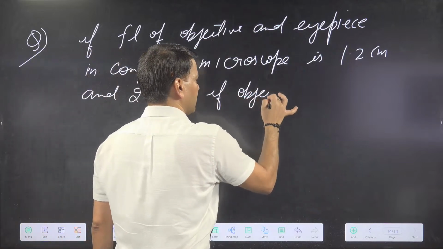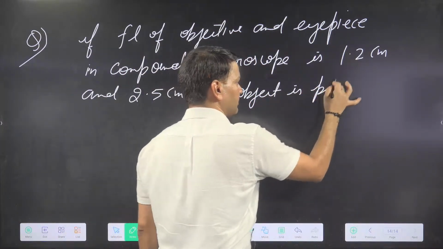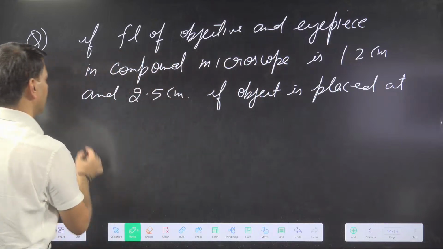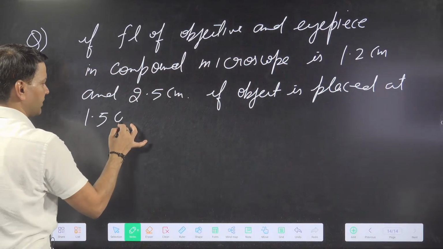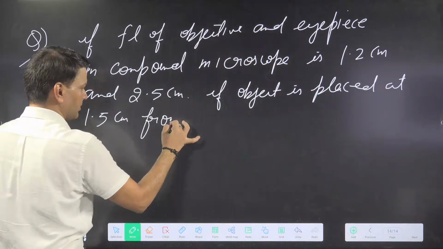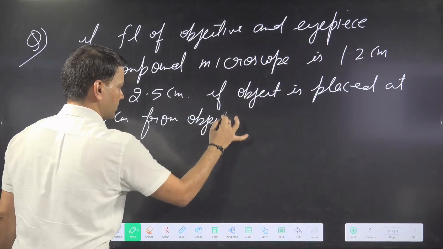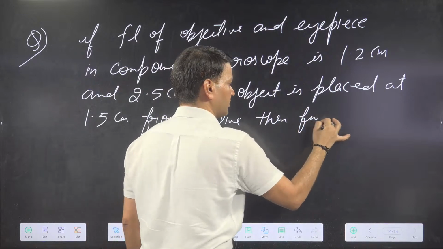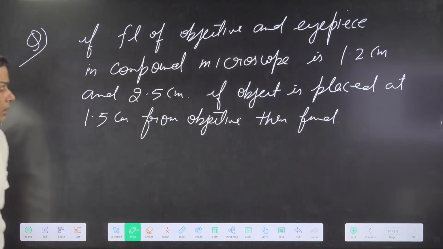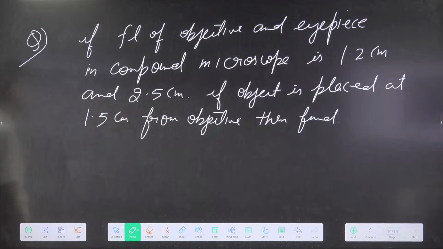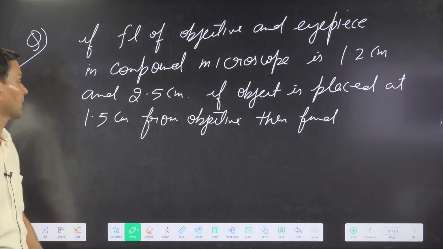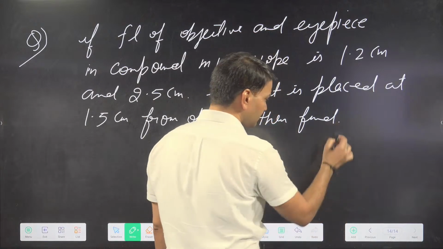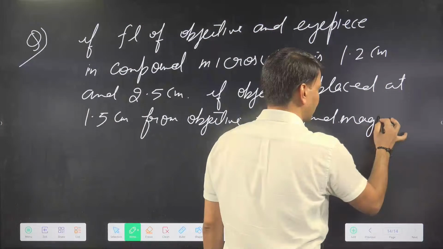If the object is placed at 1.5 centimeter from the objective, then find the magnifying power.